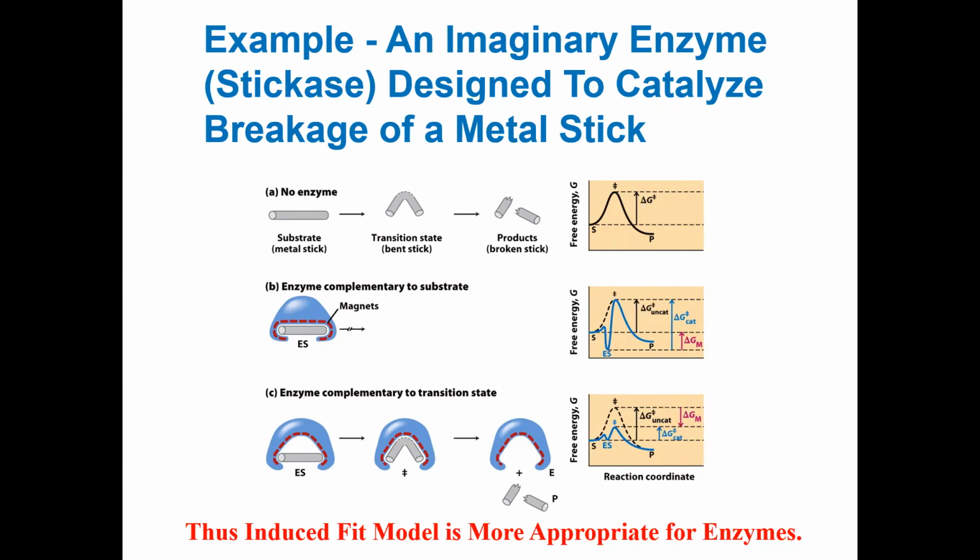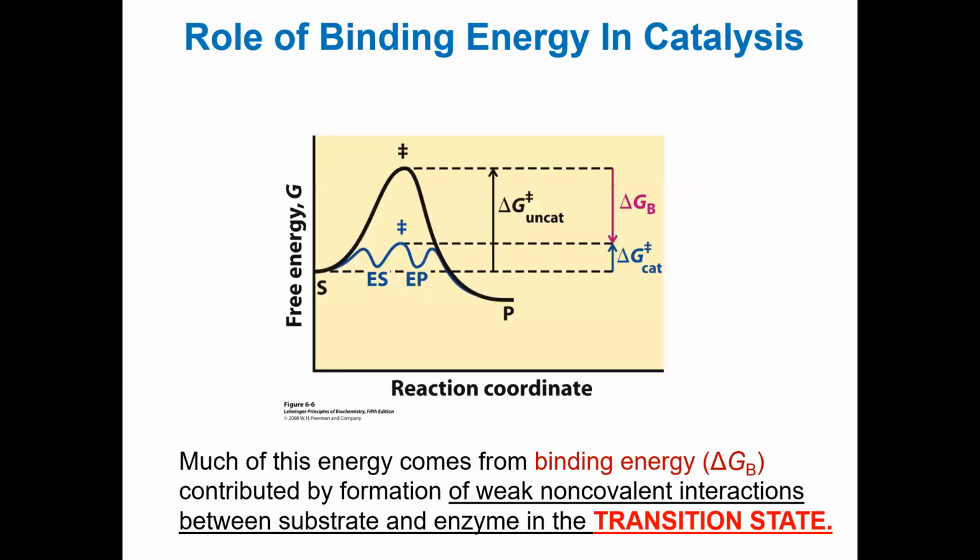So the induced fit model, where induced fit happens as substrate changes into the transition state. The transition state is the one that is actually preferentially stabilized by the enzyme, which leads to the enhanced reaction rate. Cool. So people, you may ask a question.